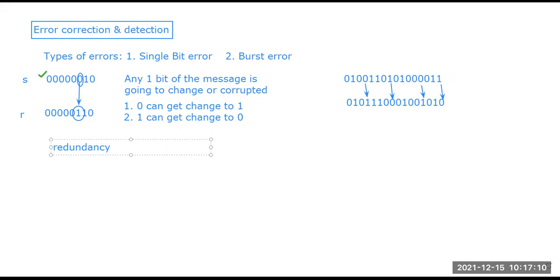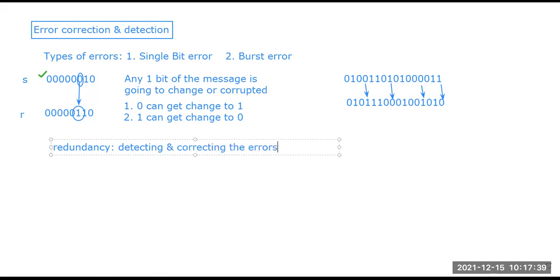What we are trying to find out is the corrupted bit, right? So the central concept of this redundancy is detecting and correcting errors. We can say redundancy is termed here as detecting and correcting the errors.